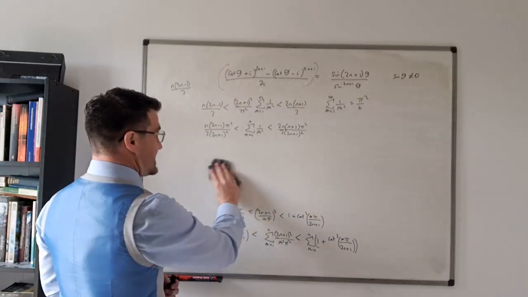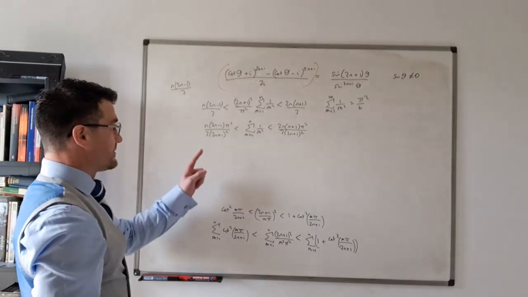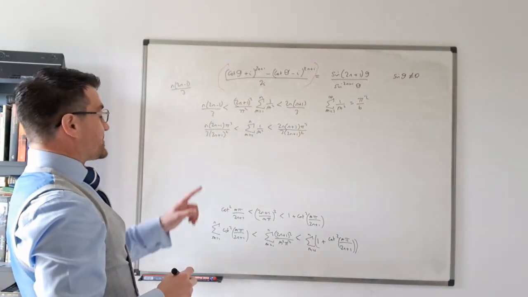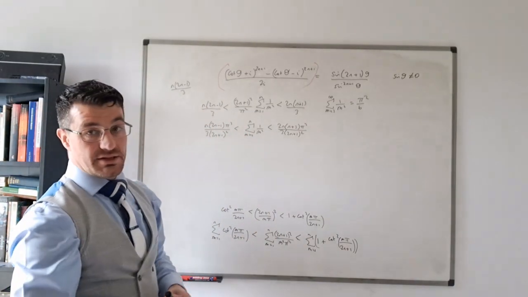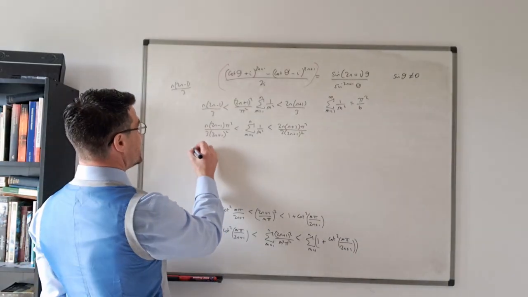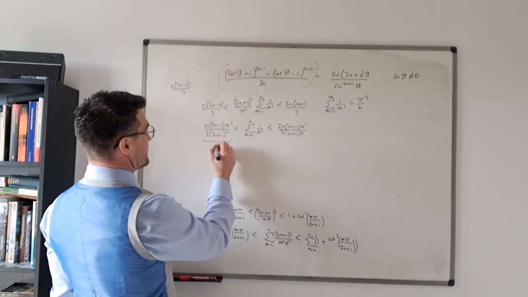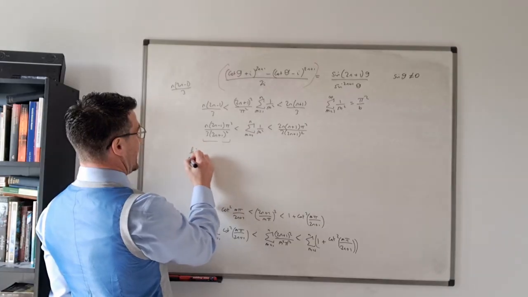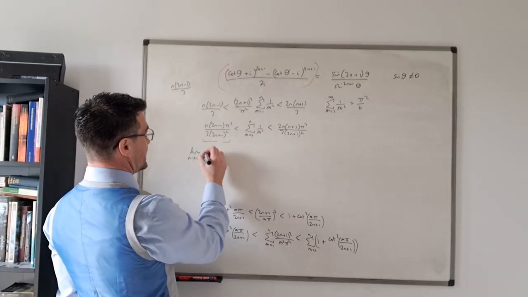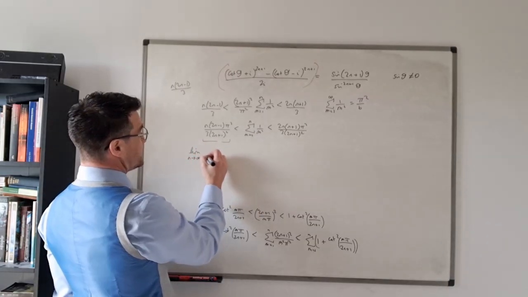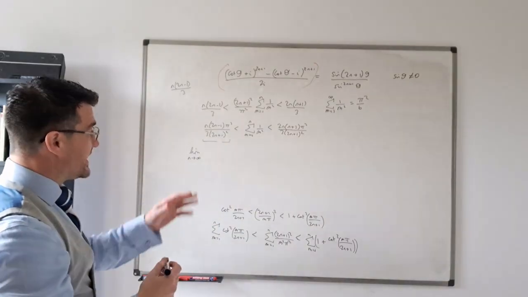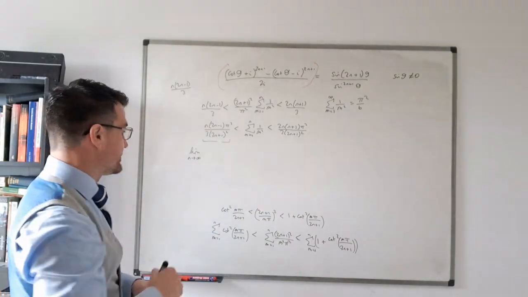And now I can start to let things go to infinity, right? So I need to take limits through here. So the limit as n approaches infinity of this thing is equal to the limit, so I'm going to divide numerator and denominator by n squared.